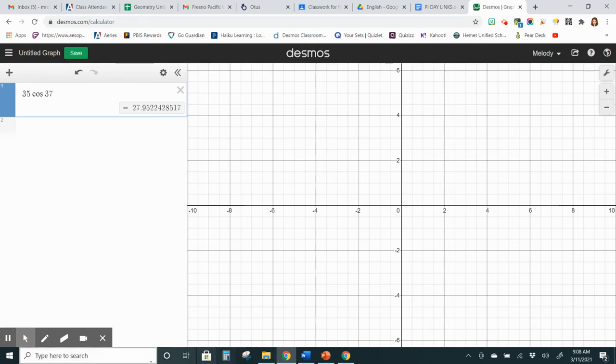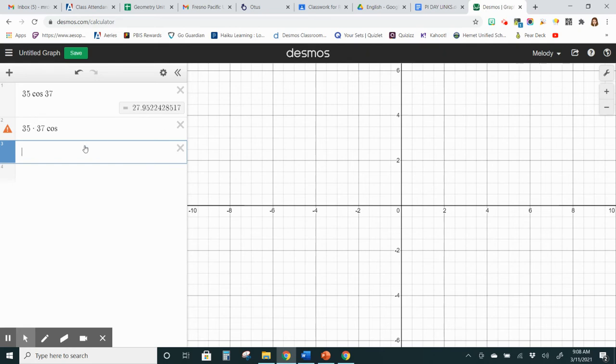If you're using an iPhone calculator, you're going to have to type it in like this. It's a little weird. You actually do 35 and then the little star or little times. And then you have to type in which angle and then tell it to do the cosine. It's very weird. You have to say 37, then cosine. And this, if I hit enter, is going to give me all kinds of errors.